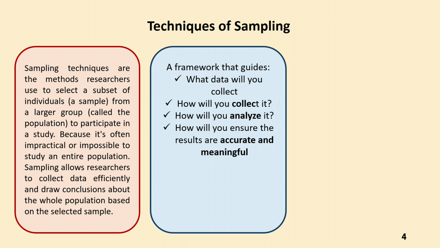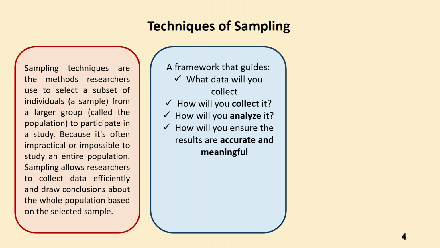Otherwise, you may have a very good research objective, you may have selected an appropriate research design which fulfills the need of your research objective, but if you have not done the sampling process exactly as it should be done, then it may mislead you to false data, which will certainly create problems with respect to accuracy and meaningfulness of your research findings.